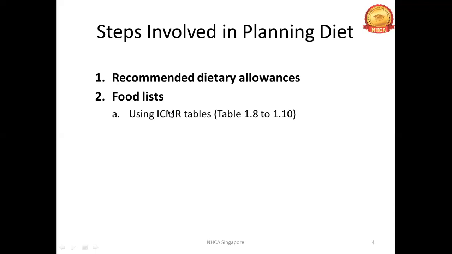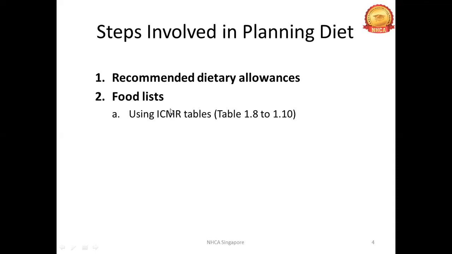Another example I can give. Let's take pulses, for a 9-year-old child. Total how many gram of pulses you have to give to a 9-year-old child throughout the breakfast, lunch, and dinner?